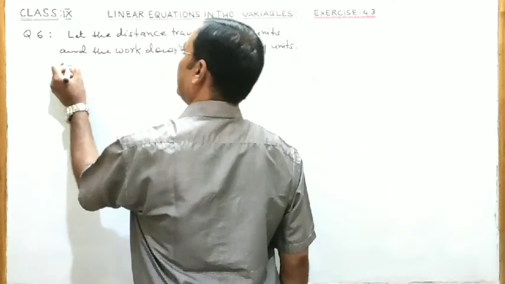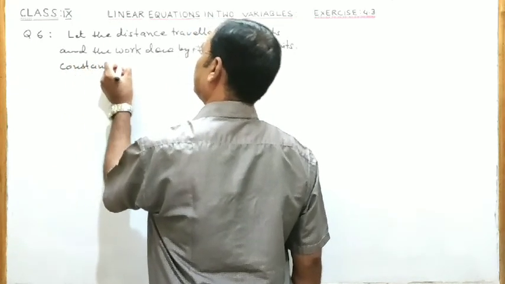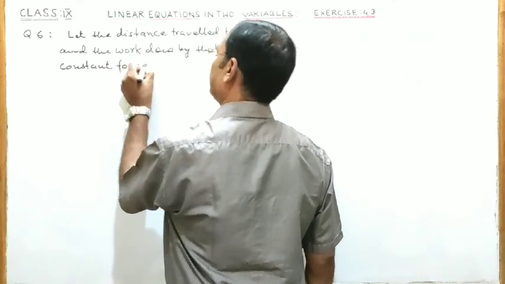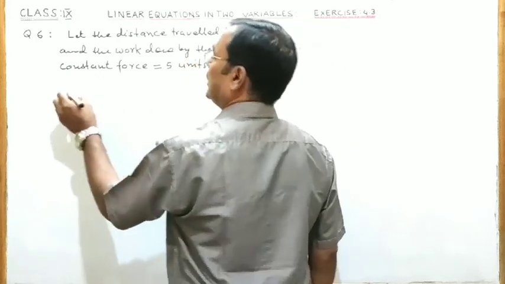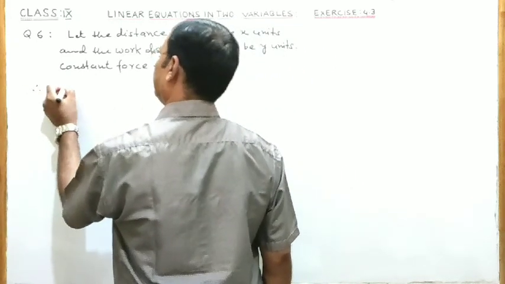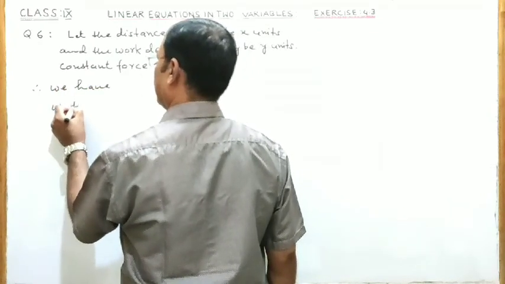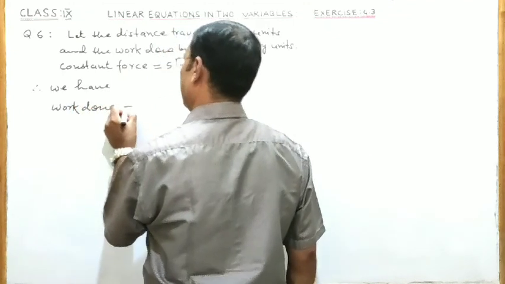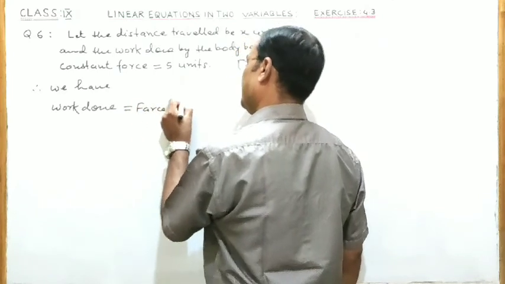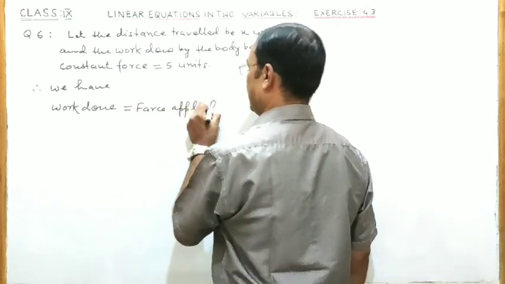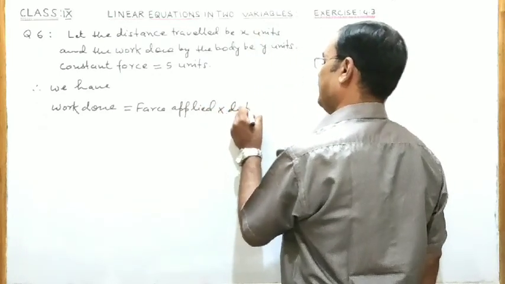Constant force is given 5 units. So therefore we have work done by a body is equal to force applied on the body into distance travelled by the body.